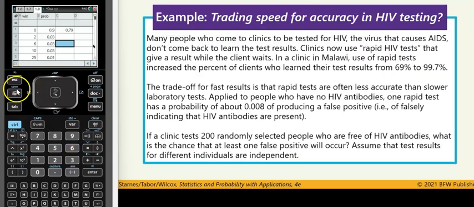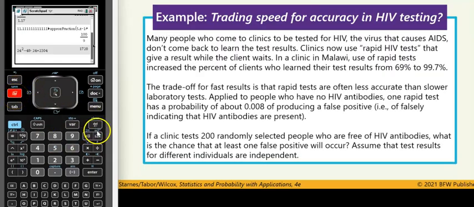So let me just show you in Scratchpad here. So you've got 0.008. The complement of that is 1 minus 0.008, which is 0.992. So there's a 0.992 chance of not having a false positive, right?